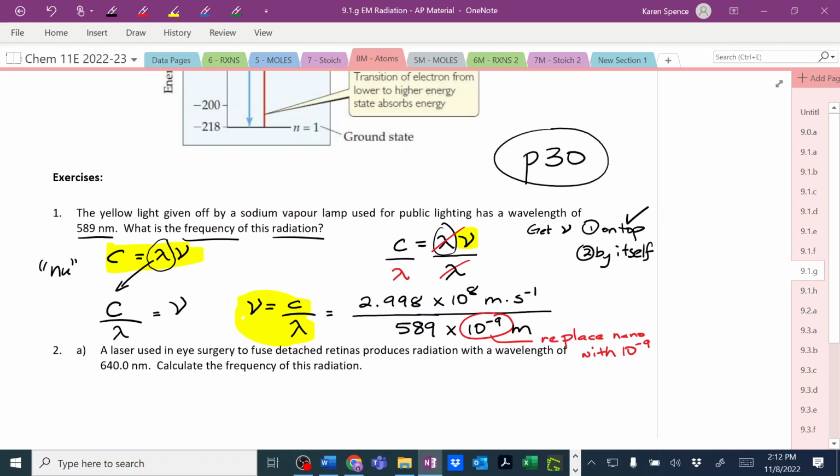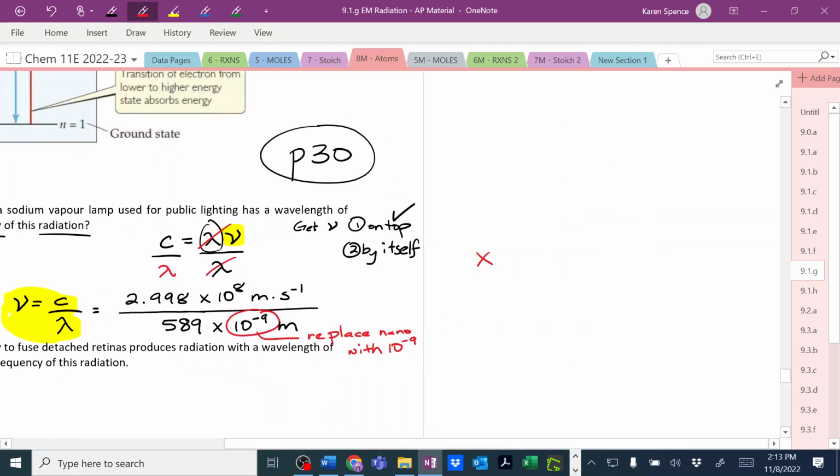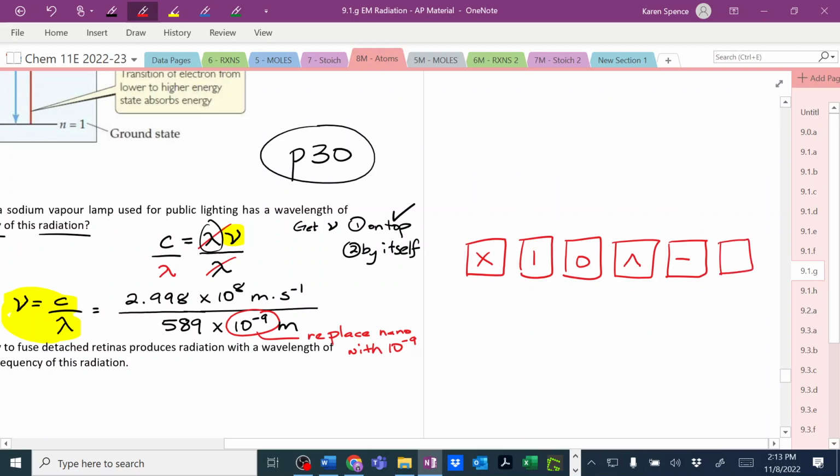Now, if you're having to do that, it means you're using the wrong button on your calculator to type in times 10 to the 8 and times 10 to the negative 9. Are you using these buttons? Or are you typing it out?